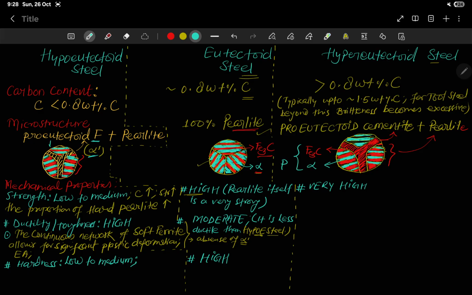Strength is very high. And why is this strength very high? We know that the cementite phase is present, so that's why its strength will increase.